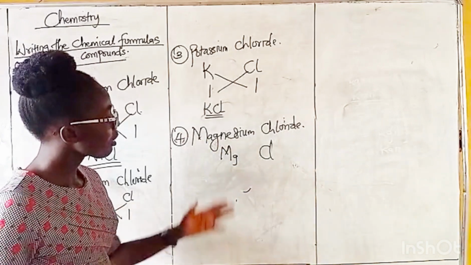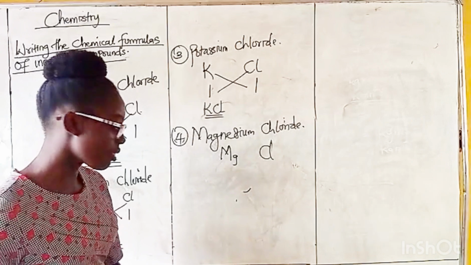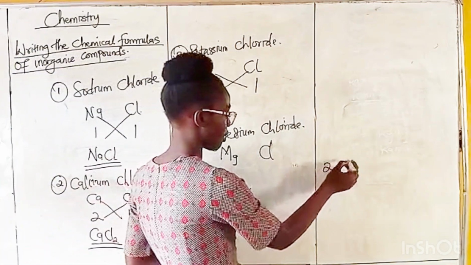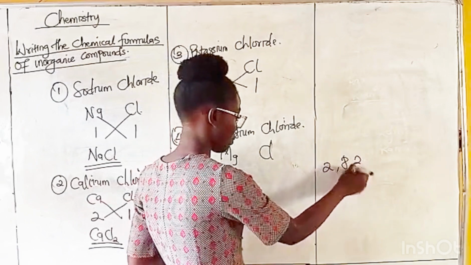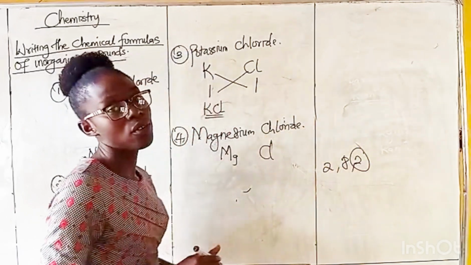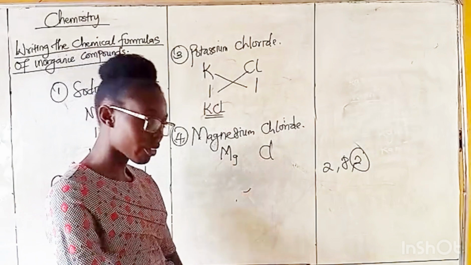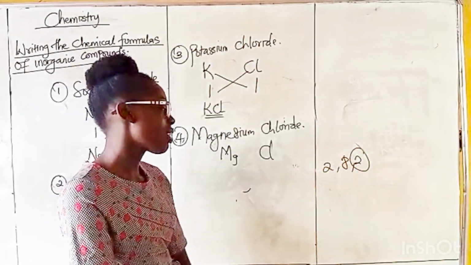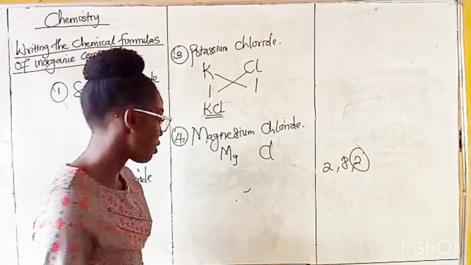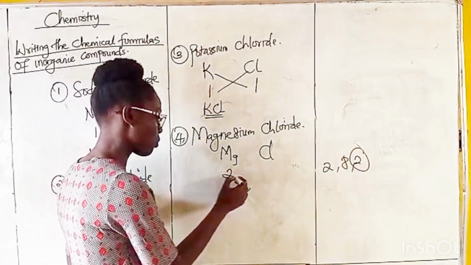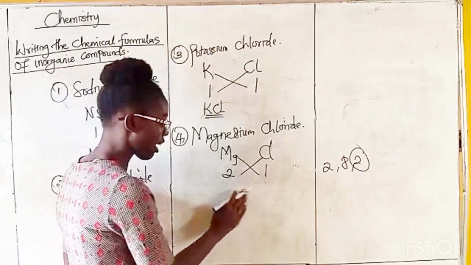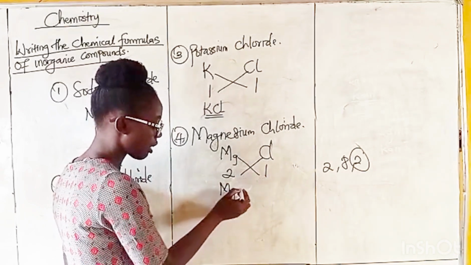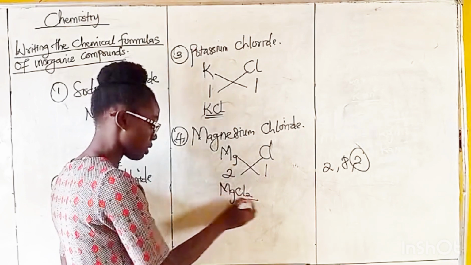Now, magnesium has 12 electrons. We will have 2, 8, and then 2. Remember this is a metal. When it reacts, definitely it will lose 2 electrons. And the 2 electrons is equal to its valency. So the valency of magnesium is 2, chlorine 1. So what will I have? Mg. I don't need to write the 1. And then chlorine will take the valency of magnesium. This is magnesium chloride, MgCl2.